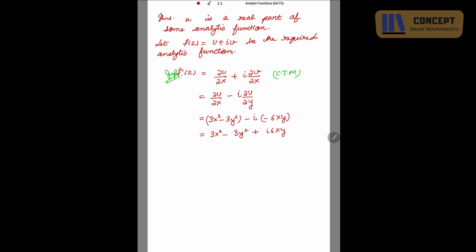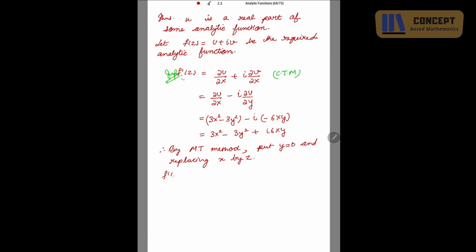Now see, my f dash z comes in terms of x and y. Now to change this in terms of z, I have to use the Milne Thompson method. By the Milne Thompson method we put y equal to 0 and replace x by z.